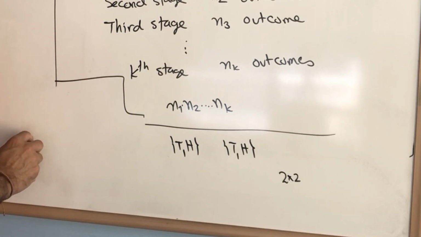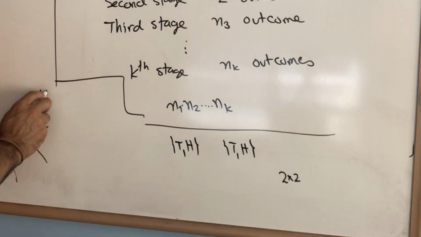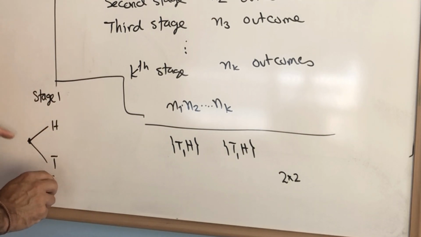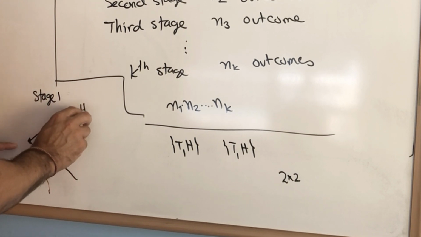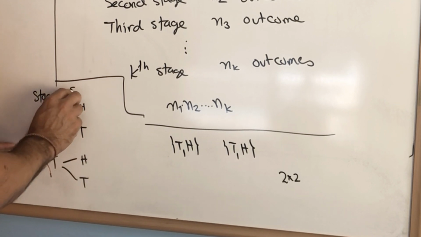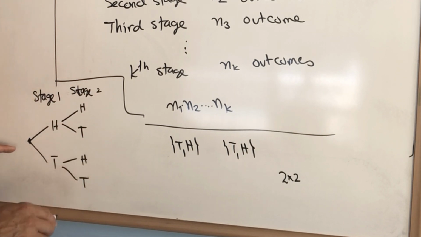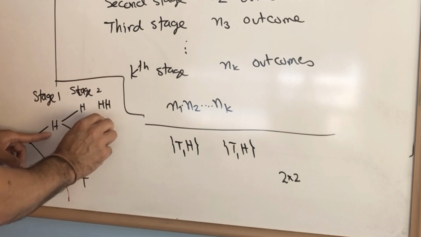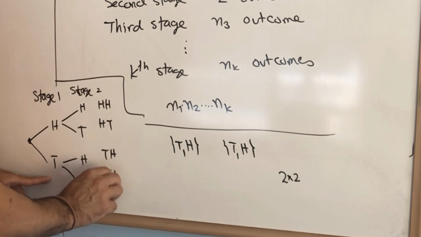This is the beginning, and then this is stage 1, and we have either head or tail, and for each one of these we have either head or tail, and this is stage 2. And the final set is going to be head head, head tail, tail head, and tail tail.